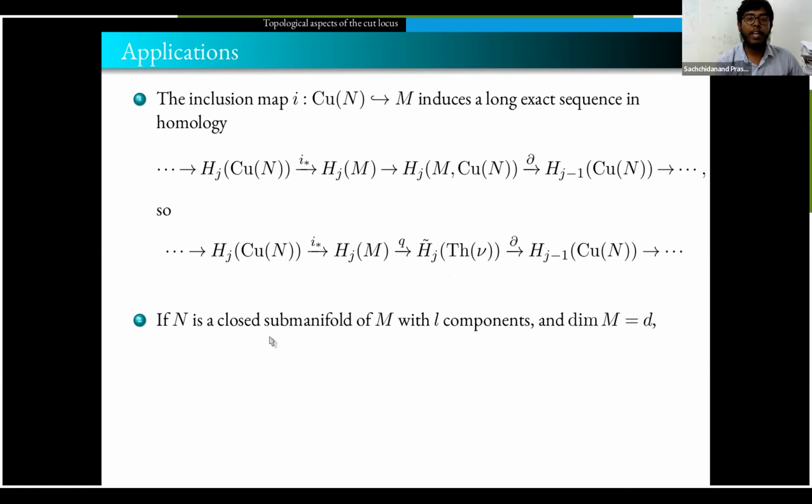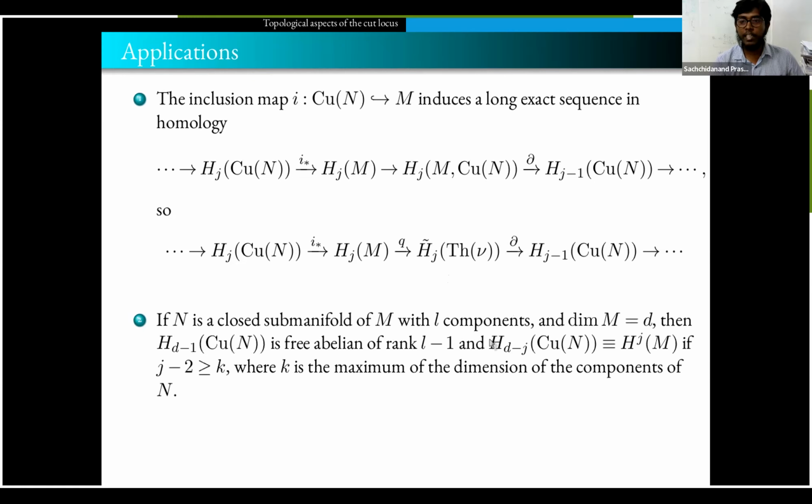We also have that if N is a closed submanifold of M with L many components and the dimension of M is D, then the (D minus 1)th cohomology of the cut locus is free abelian of rank L minus 1, and we have a duality kind of thing, that the (D minus j)th homology of the cut locus is the same as the jth cohomology of M.